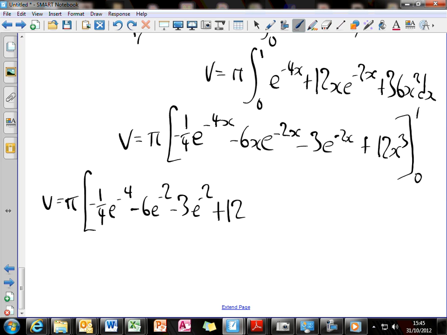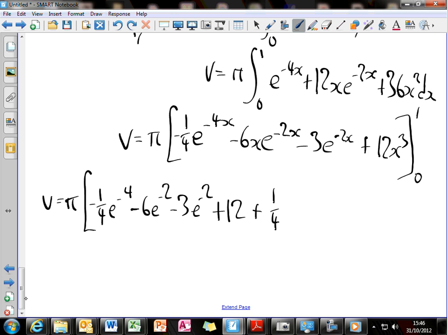And then I'm going to be taking away whatever this is when I put 0 in. When I put 0 into e^(-4x) it's just going to be 1, so I'm going to be adding a quarter.